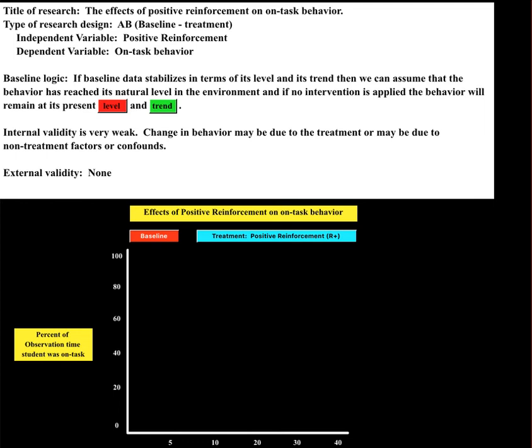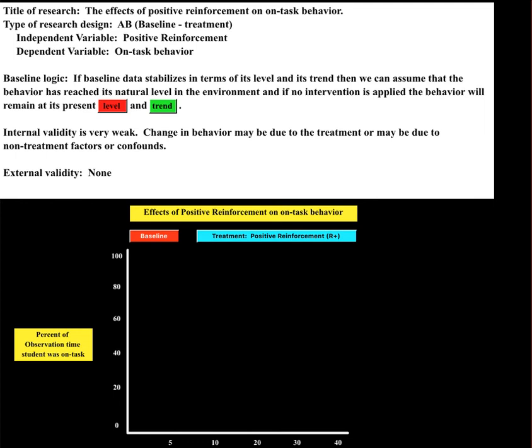So don't ask me why they labeled it A instead of B for baseline, but that's how it is. And the B in an AB design refers to the treatment or intervention or the independent variable. And you can see the independent variable is positive reinforcement, and the dependent variable, or what is being measured, is on-task behavior.